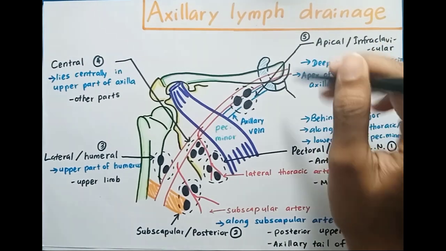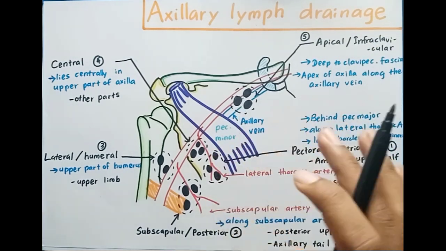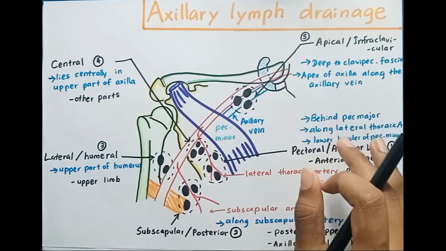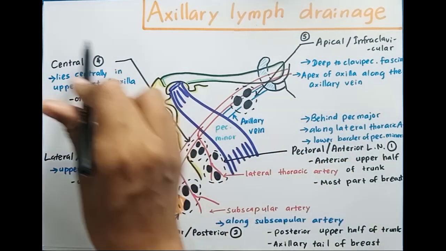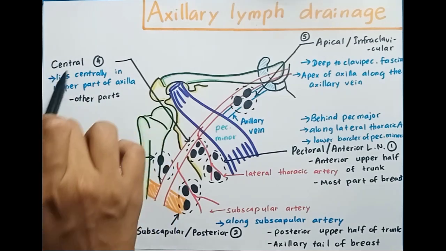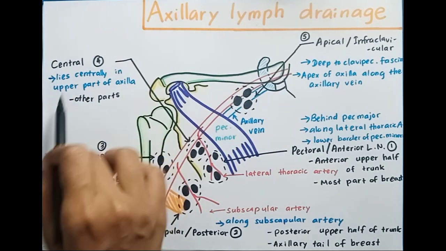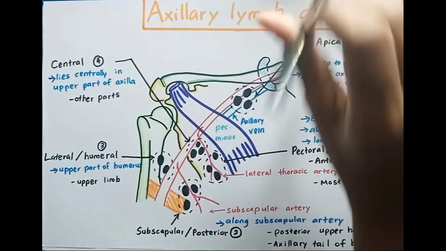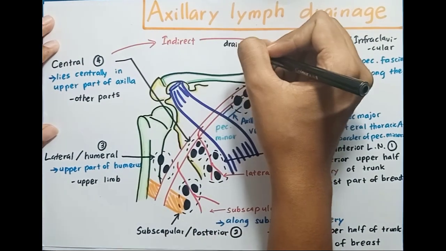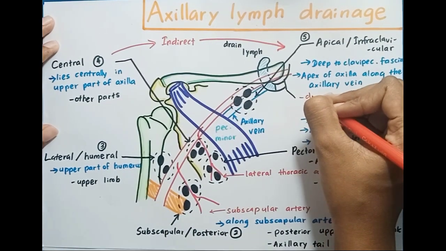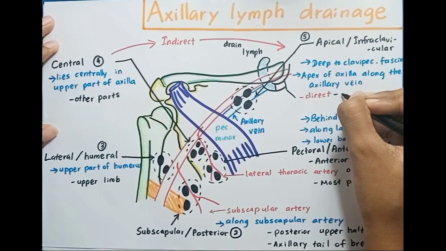So this group is very important as it directly drains lymph from the upper limb and indirectly it drains lymph from this central group. So after this central group drains lymph from the other parts, it drains into this apical group. And the direct way is from the upper limb.